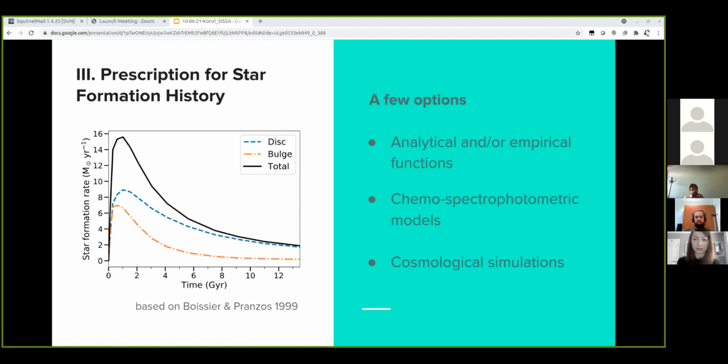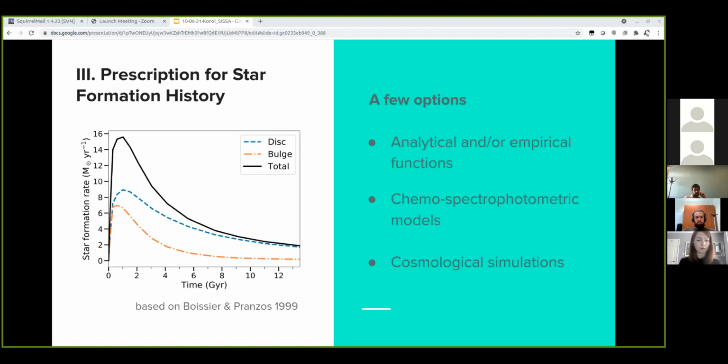For instance, analytic or empirical relations, chemospectrophotometric models. One example you see on the left. This is a summary of one of these models in which you have star formation rate as a function of time for the bulge and the disk.